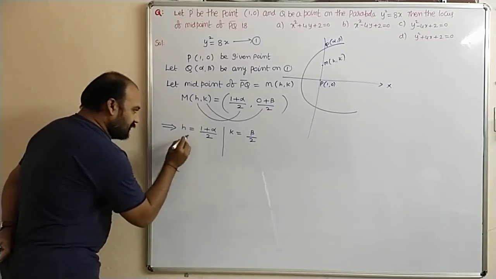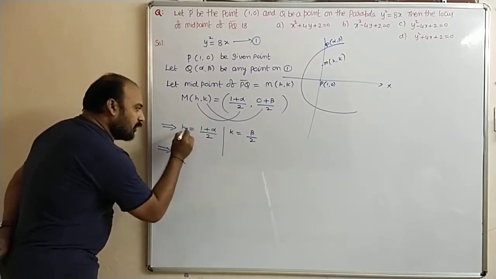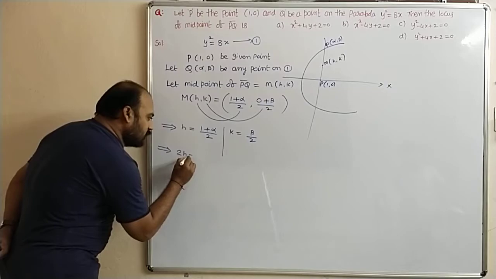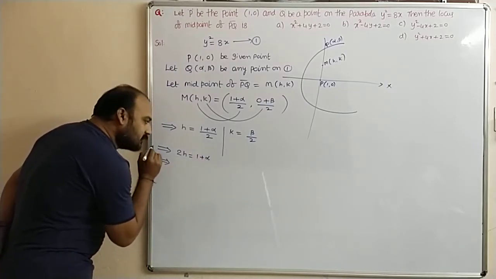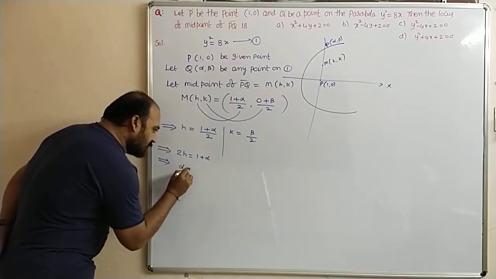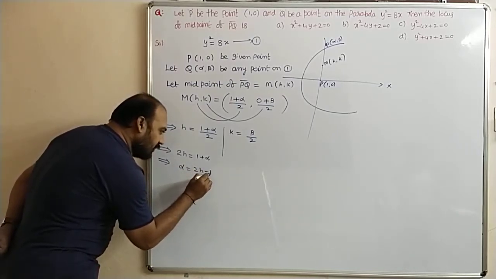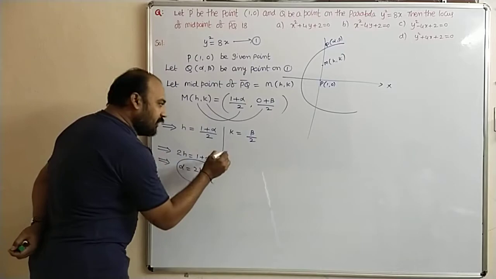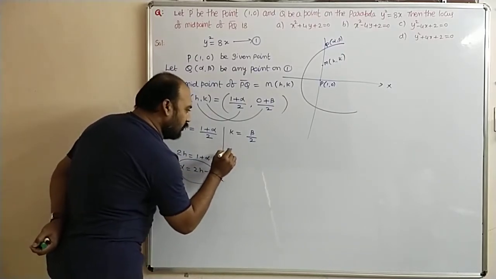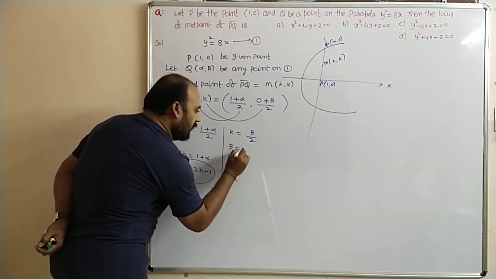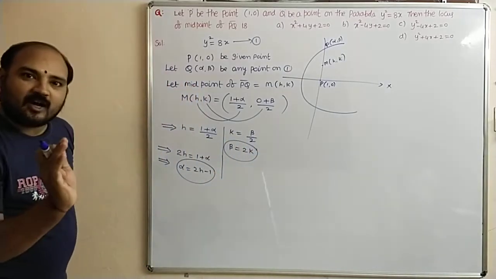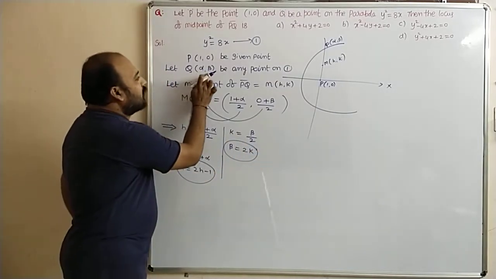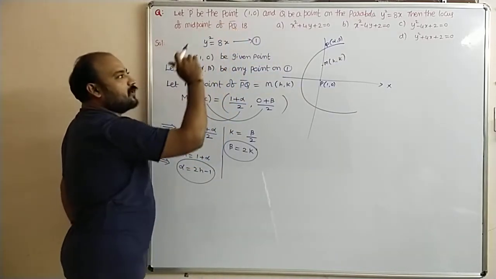That implies from this, cross multiply, 2h is equal to 1 plus alpha. That implies alpha, make it the subject, is 2h minus 1. And from here beta, make it the subject, beta equal to 2k. Why are we taking alpha, beta separately? Alpha, beta is any point on equation 1.